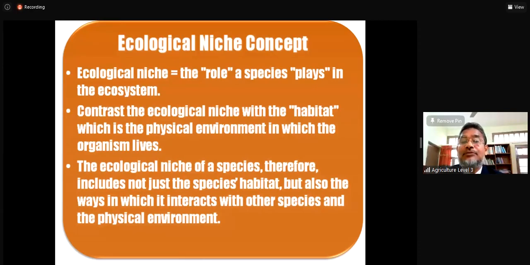Contrast these two. Habitat is the physical environment in which the organism lives. Already I told you in the last slide. And ecological niche, I already told you, therefore includes the habitat as well as its activities in that habitat. That is the ecological niche, its role in that habitat.